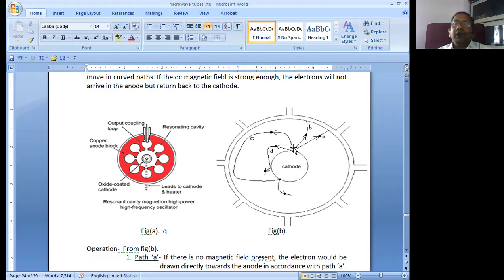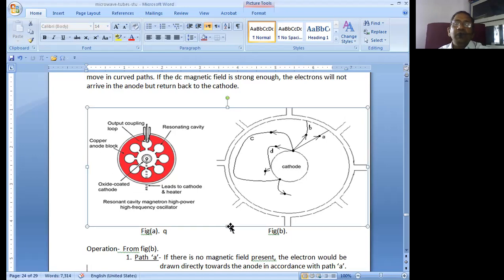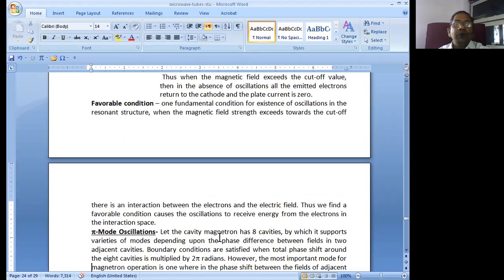When the magnetic field is a little more than this, the electron beams graze this particular anode and come back to the cathode. And if the magnetic field is much higher than this critical magnetic field, then the electrons shown in path D will simply return back to the cathode immediately, which is of no use for the design engineer. So this is what we have seen in the last class about the operation of the magnetron.